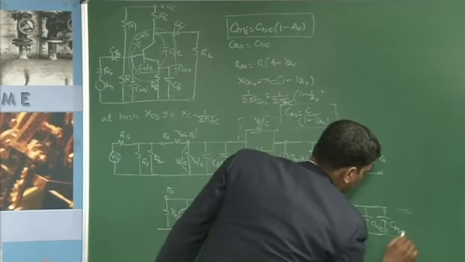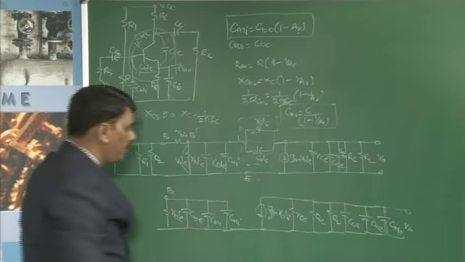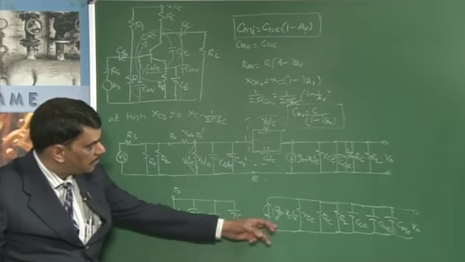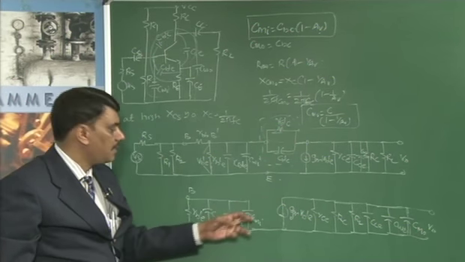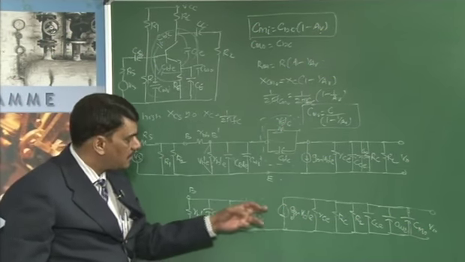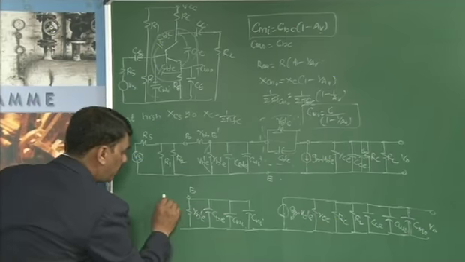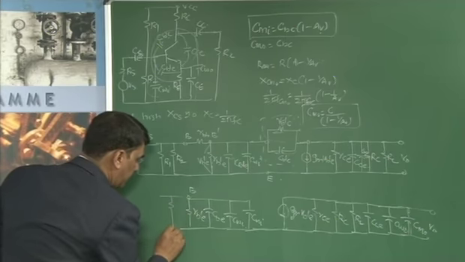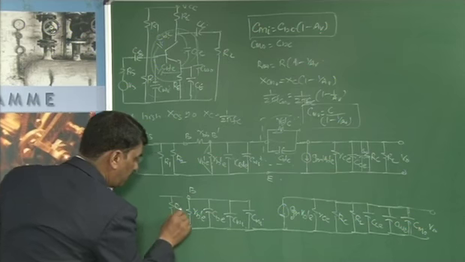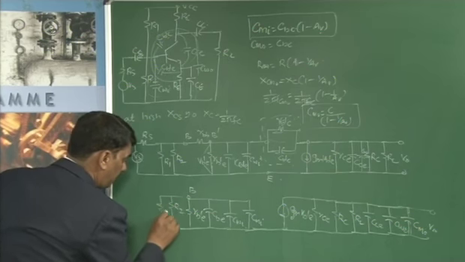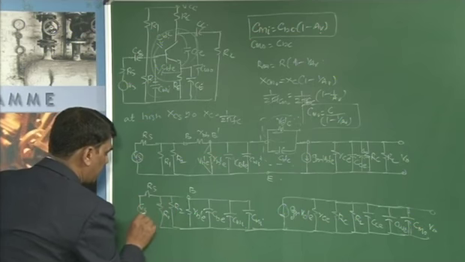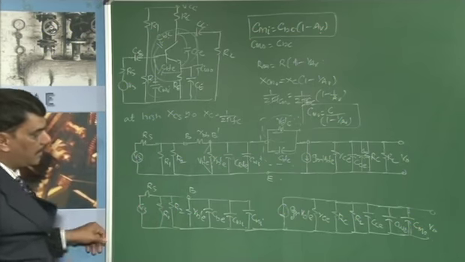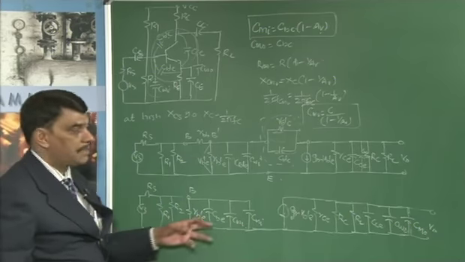Output is to be taken across this, this is V0. If you observe, the input and output are separate; there is no connection between these two, because this feedback is removed by using Miller's theorem. Now, this is driven by an external resistance, this is R2, R1, and there is RS in series with Vs. Now, we have to analyze these two circuits separately.